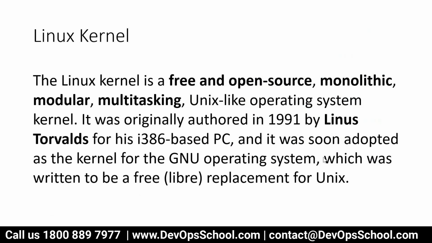Now you will hear of Ubuntu. What they did is they copied the Linux core code, the Linux kernel code, and they created an operating system out of it, and they named it Ubuntu. The same thing was done by Fedora. The same thing was done by Red Hat. The same thing was done by this one, what do you say, CentOS.